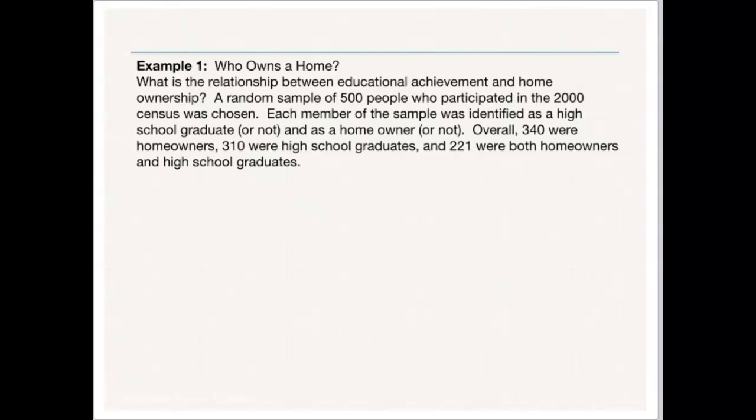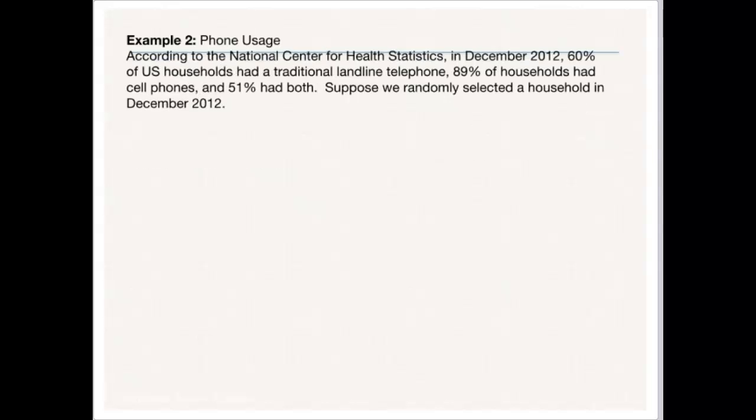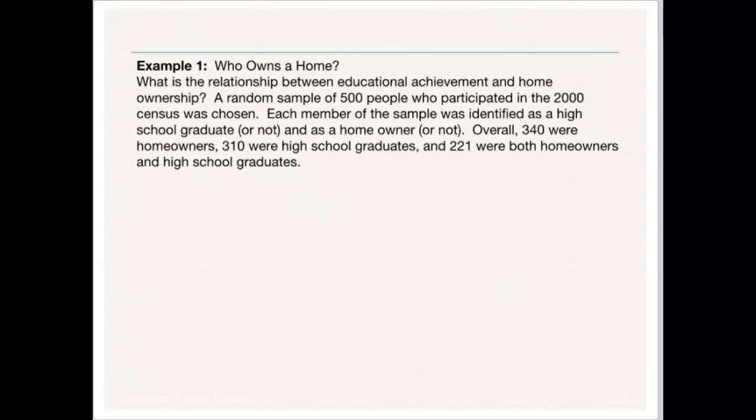So what I'm going to do is create a two-way table and convert that to a Venn diagram. So what we're going to do is look at our two variables of interest. So I have graduation status, and I'm going to up here have home ownership status.